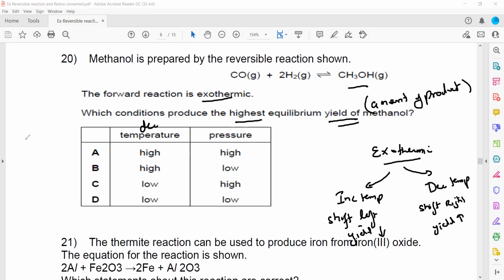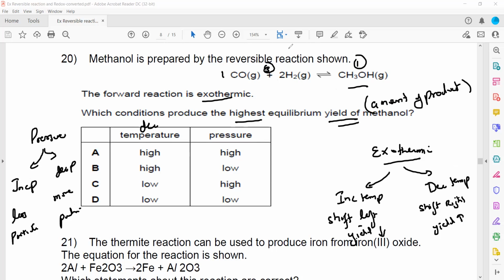And what about the pressure? What is the effect of pressure on the position of equilibrium? If we increase the pressure, equilibrium will shift towards the side where fewer particles, fewer moles, are there. If we decrease the pressure, equilibrium will shift towards the side where more particles are there. In this case, there are 3 particles of reactant and only 1 particle of product.